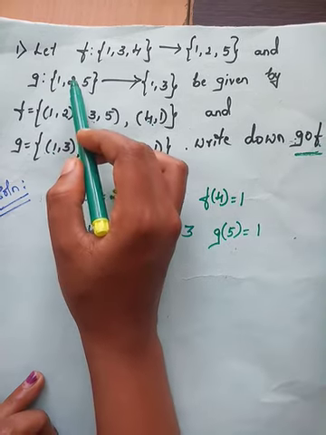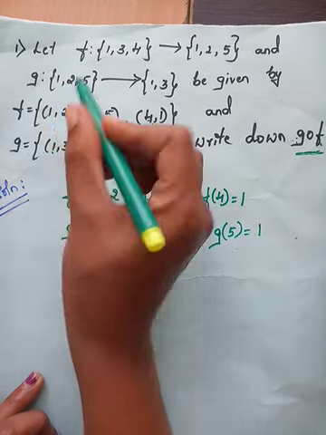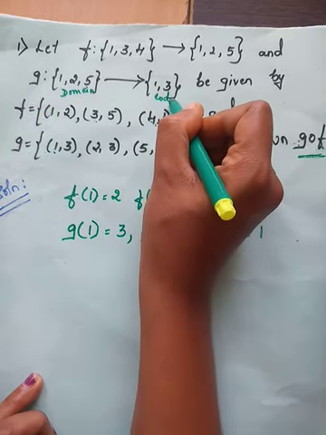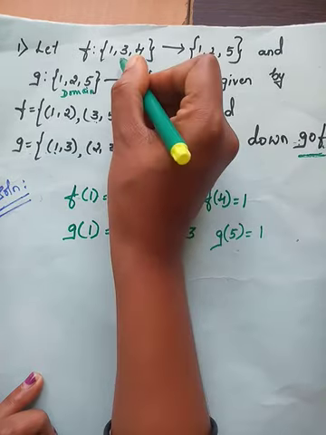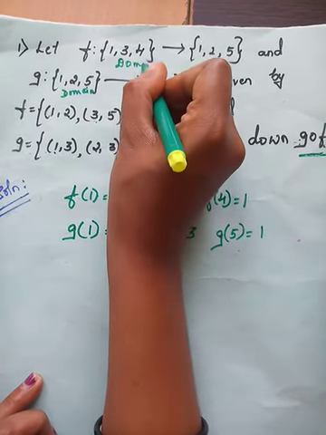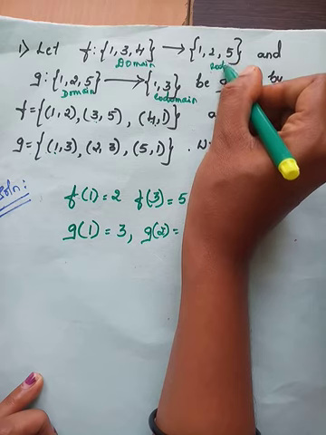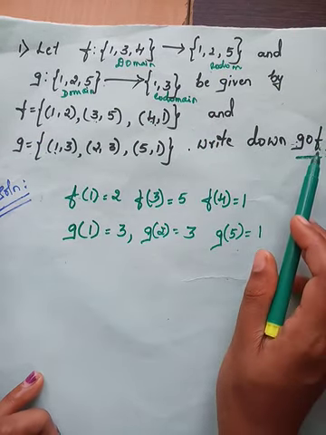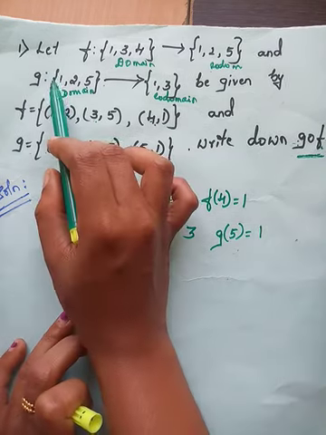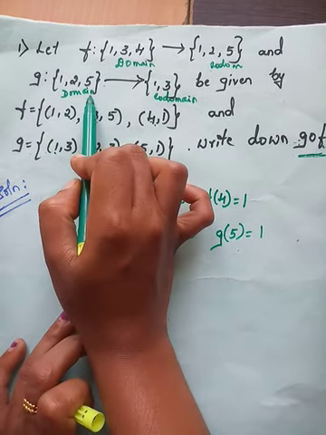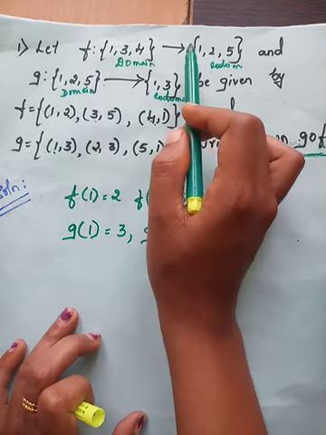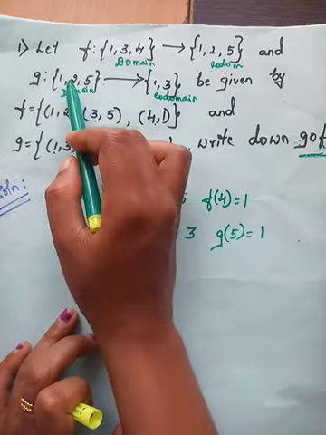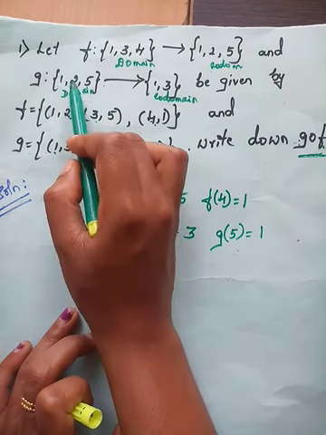Whether this is true in this case: what is the domain of G? This is the domain, this is the codomain. Correct. This is the domain of F and this is the codomain of F. So now, according to the rule, in order for the composition to be well defined, the domain of G should be equal to the codomain of F. Whether those two sets are equal, yes, you can see G has 1, 2, 5.